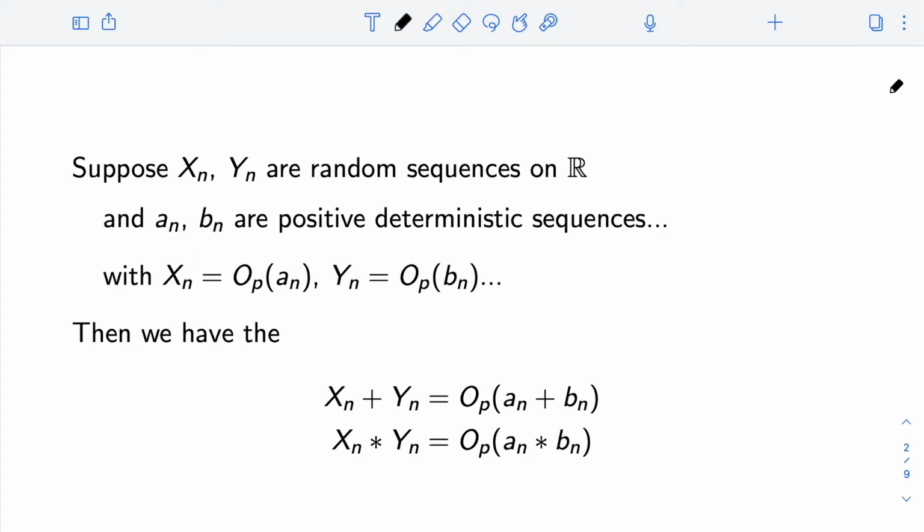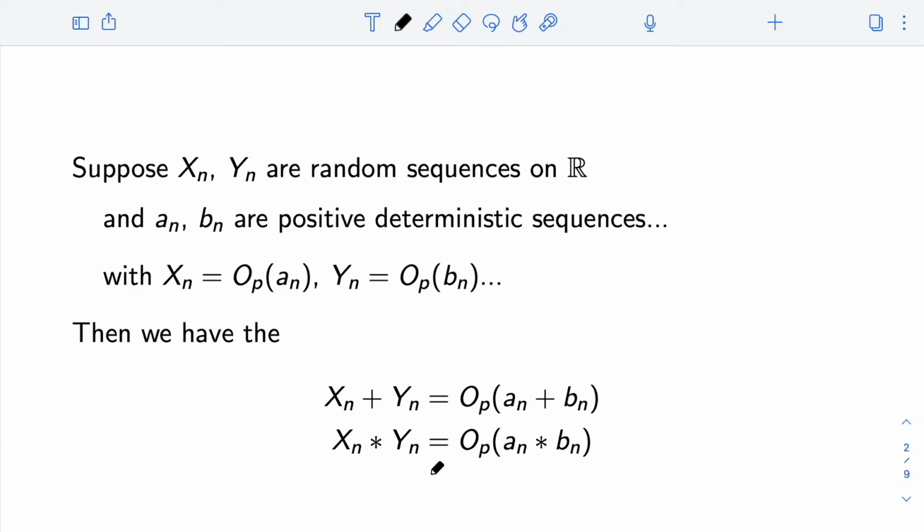All right, for our first exercise, we are going to consider two sequences, Xn and Yn, random sequences of real numbers, and an and bn, positive deterministic sequences. We imagine that Xn is bounded in probability by an, and Yn is bounded in probability by bn, and we want to prove two results. One is about the sum of Xn and Yn: the sum, which is a new stochastic sequence, is bounded in probability by the sum of an and bn.